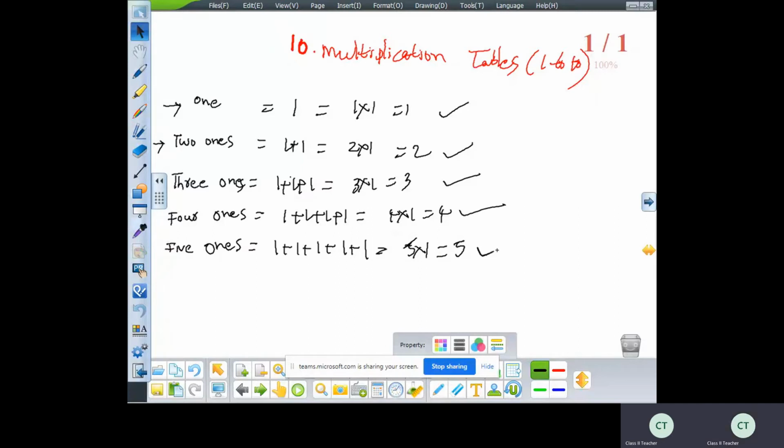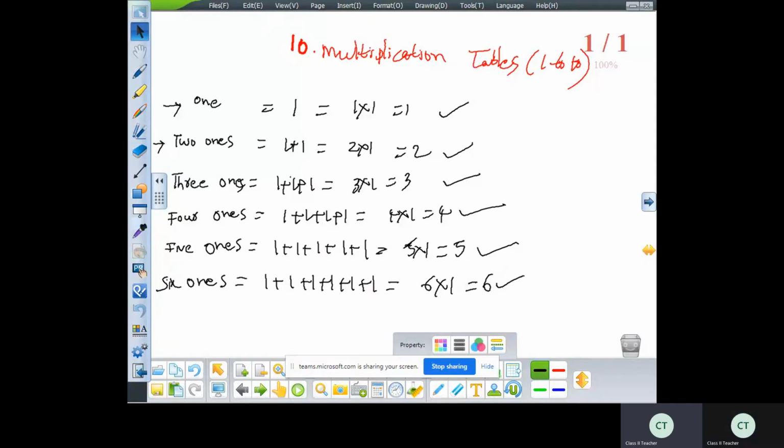Next, 6 ones. Here 1 is repeated 6 times. It means 6 into 1. 6 ones are 6.